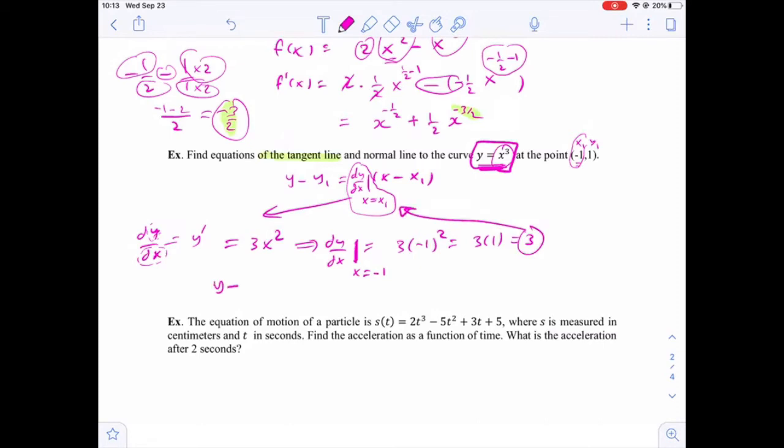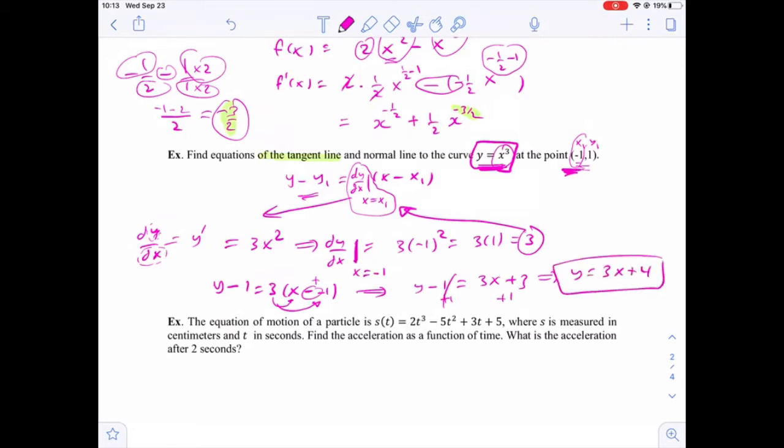Now the equation becomes y minus y1, y1 is 1, equals the slope 3 times x minus x1, x1 is negative 1. We need to solve for y. y minus 1 equals 3x plus 3. I just distributed 3, and then we add 1 to both sides. We get y equals 3x plus 4.